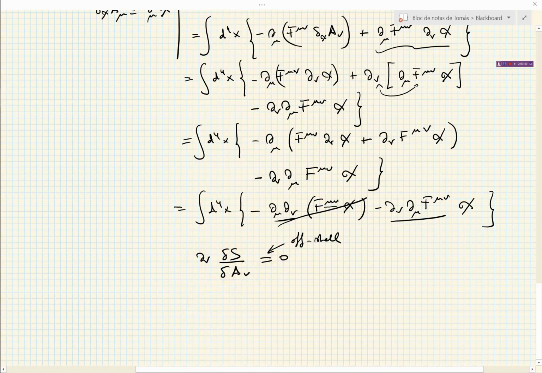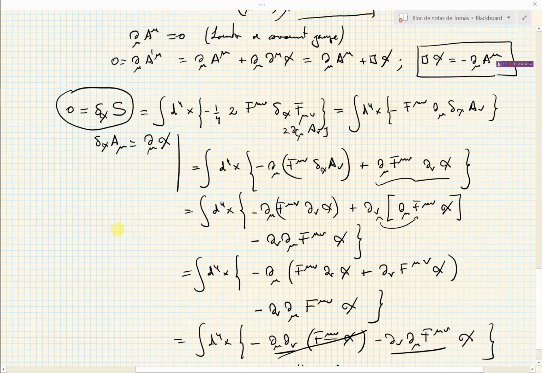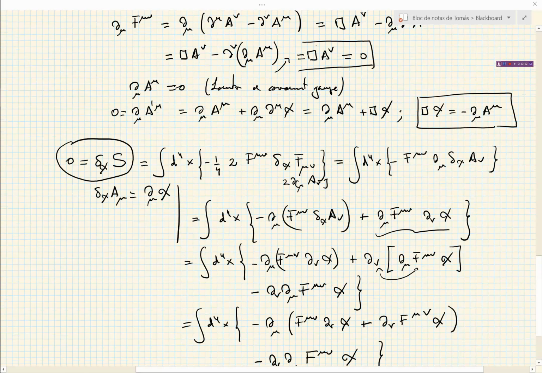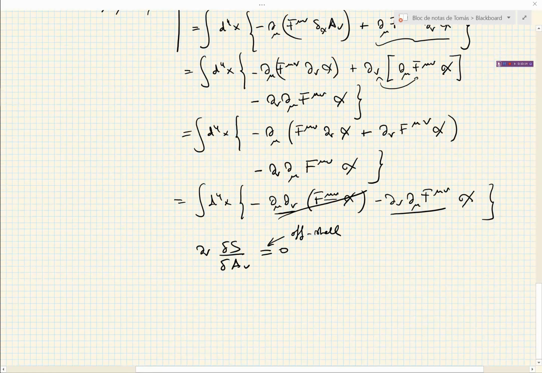The counting of degrees of freedom and counting of constraints is complicated, but indeed you can show that this gauge symmetry that we have, A mu prime equal to A mu plus partial mu chi, can be used to remove 2 unwanted degrees of freedom.